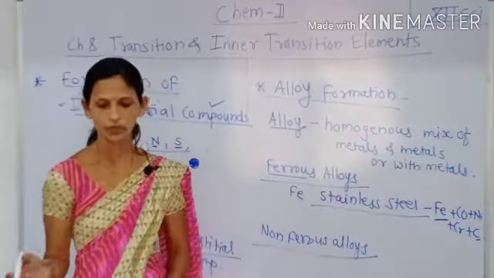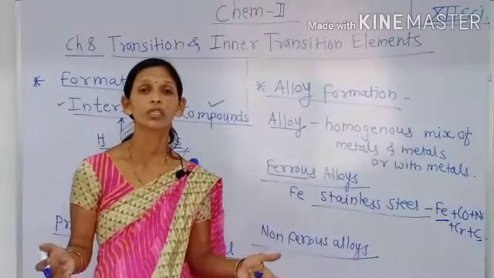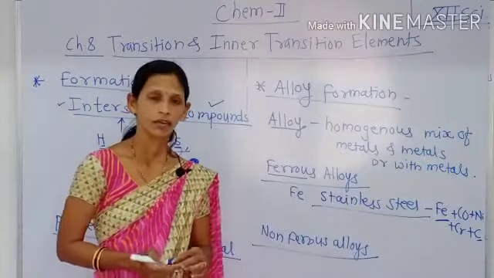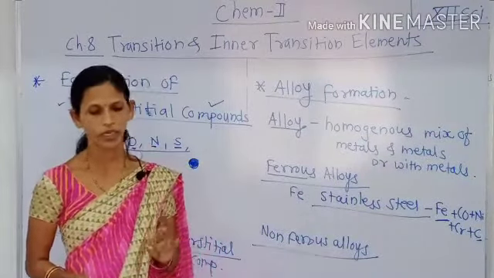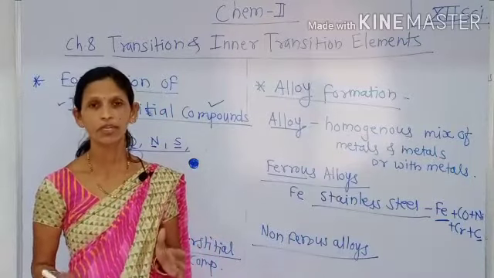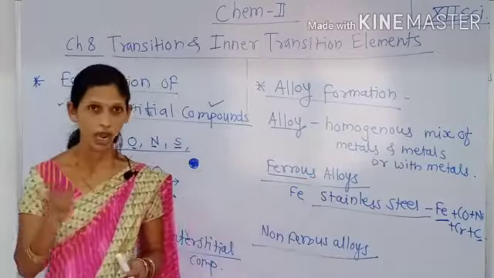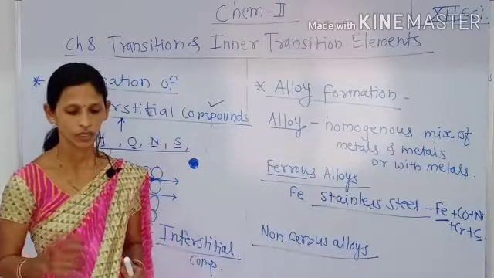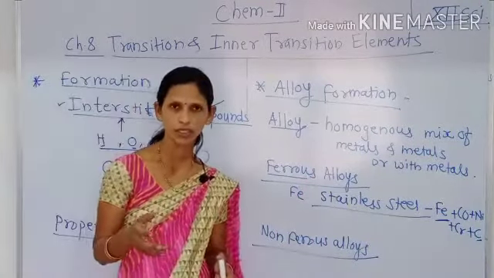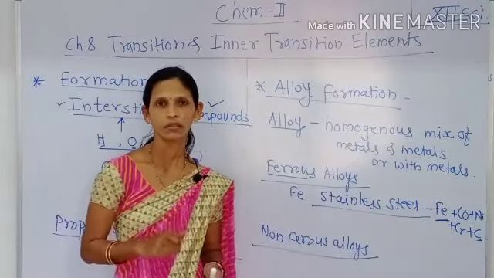All of you are aware of the different types of steels. There are nickel steel, chromium steel, and stainless steel, which are types of ferrous alloys having about 2% of carbon, which gives toughness to the alloy.